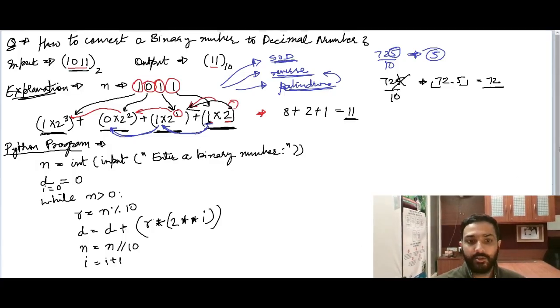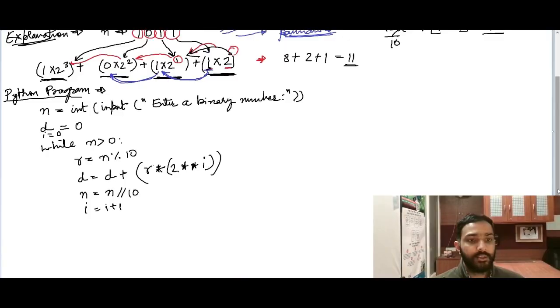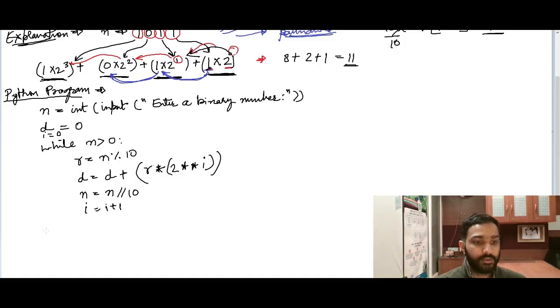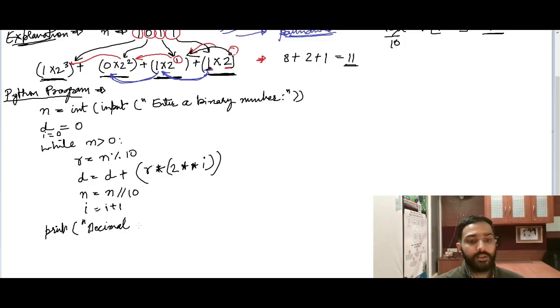After that, out of the loop, we can print the result, which is in D. So we can say that the decimal number is D.